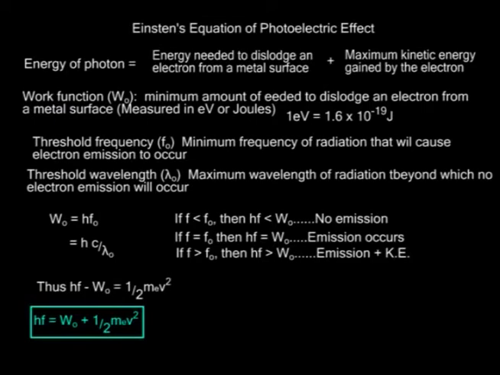This is Einstein's photoelectric equation. Since work function is equal to hf0, this can also be written as hf = hf0 + half m_e v squared, and hence hf = hc/λ0 + half m_e v squared.